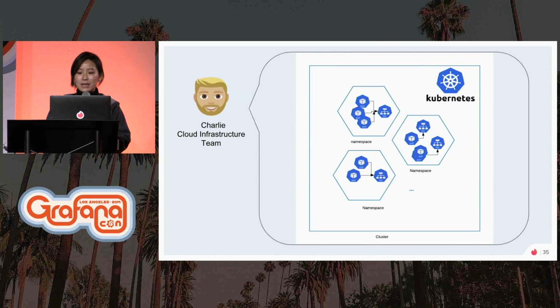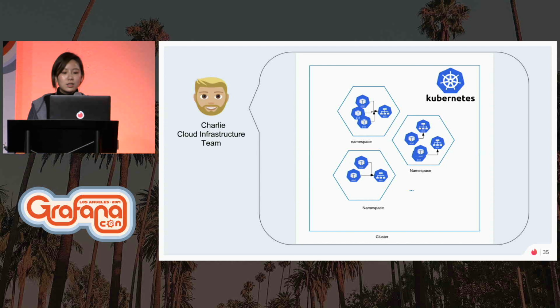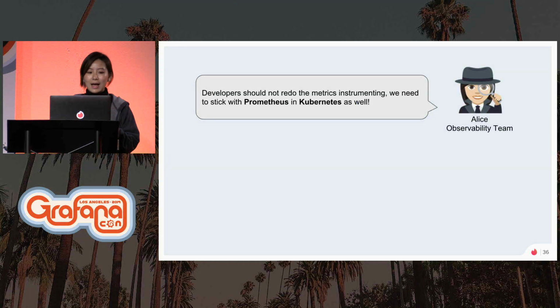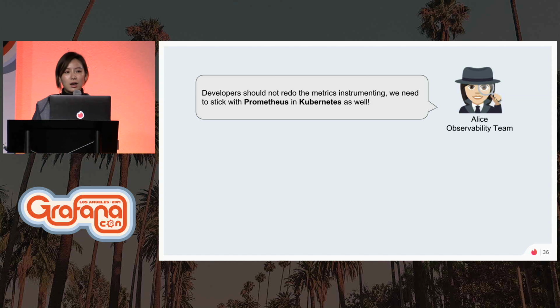Before that, let's first check what our Kubernetes environment looks like. We have different services running inside different namespaces for different clusters. From Alice's side, our developers are already familiar with Prometheus and have had a great experience using Prometheus to expose our application metrics.